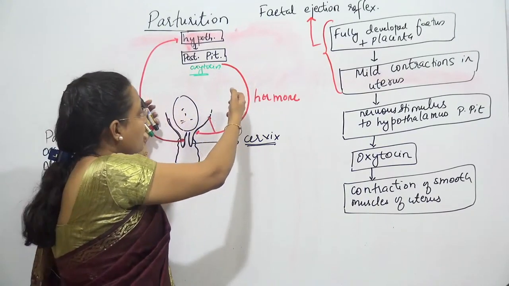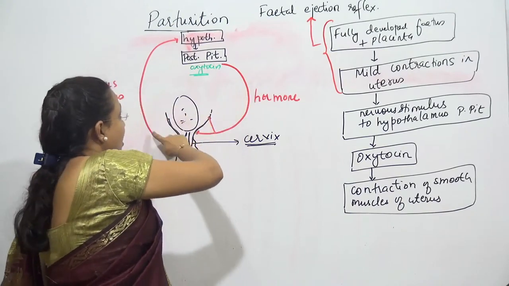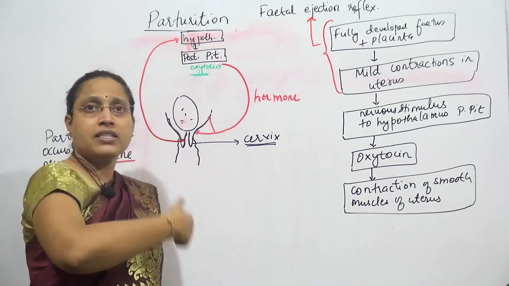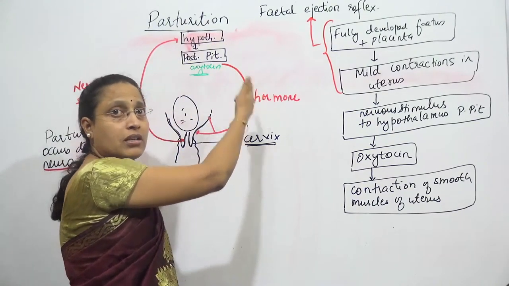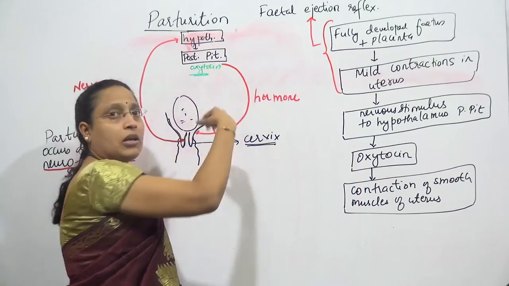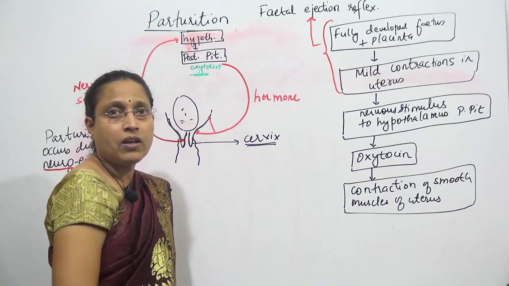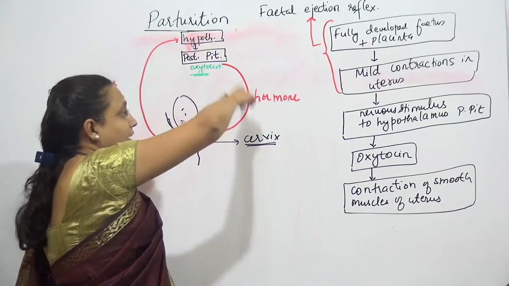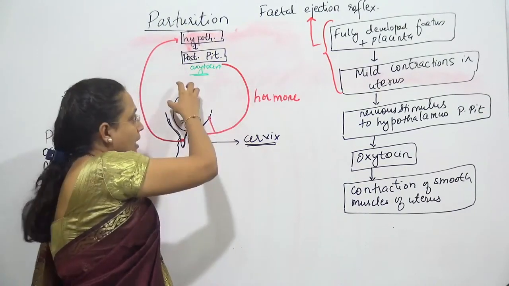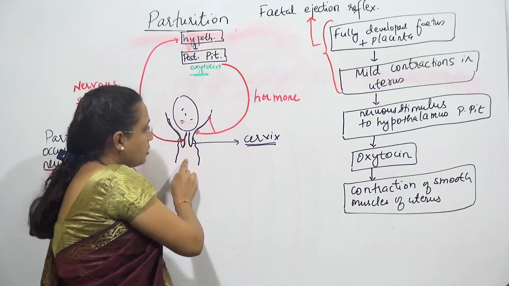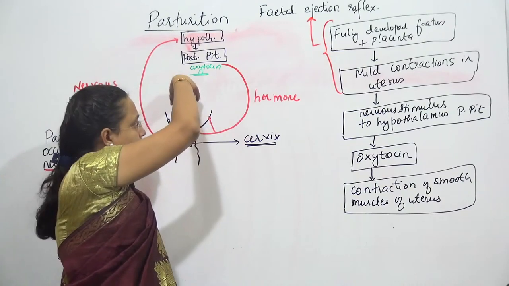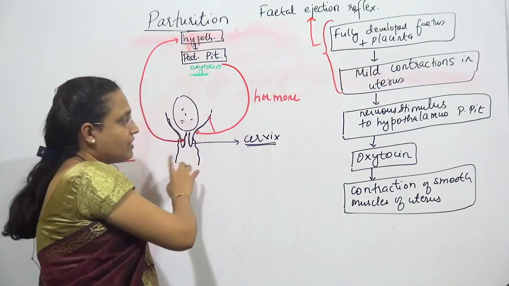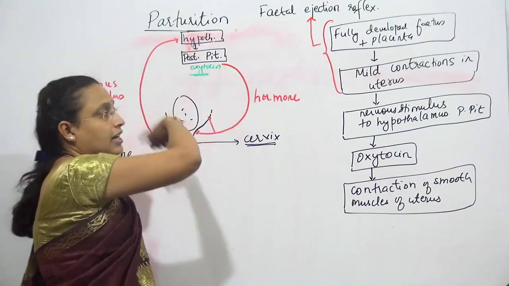The nervous stimulus keeps on sending messages continuously to the hypothalamus, and the posterior pituitary releases lots of oxytocin. So this continues till when? Till the baby descends into the birth canal, that is the cervix and vagina. So its body should now pass through the cervix. Till then, this process continues.